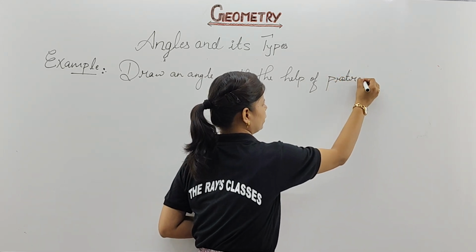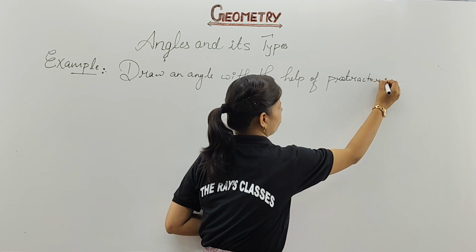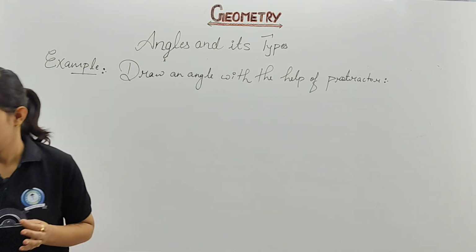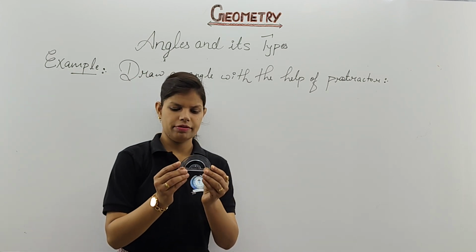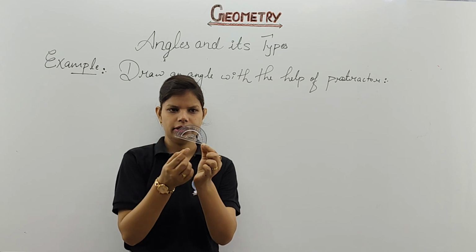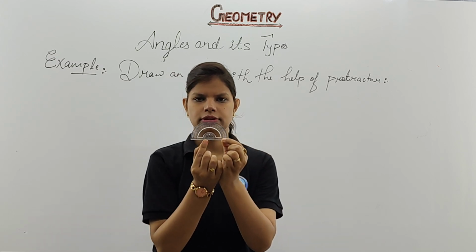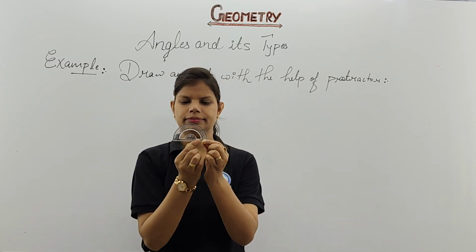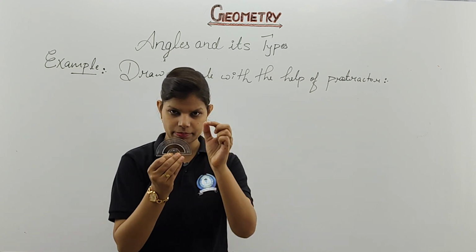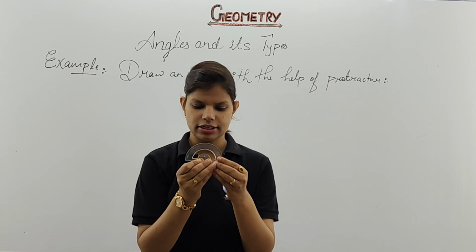Please be ready with your protractor to draw the angle on your own. I am having protractor in my hand. You can see, no? Now, this bottom line is what? This is your baseline. We have 2 types of scale. When you see from the closest which you are having, please keep your eyes and look.